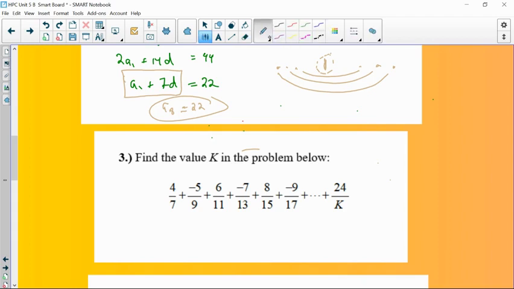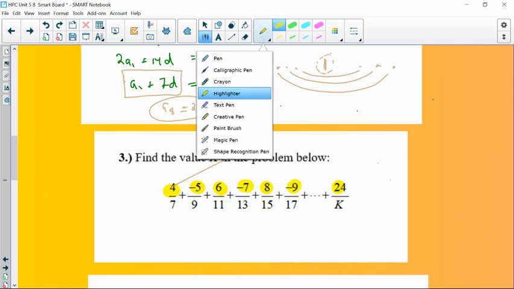So if you just focus on the numerators, 4, -5, 6, -7, right? It does count, it does go up by 1, but every other term is negative. So the evens are positive, the odds are negative.